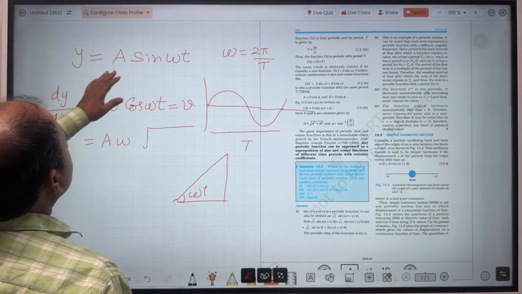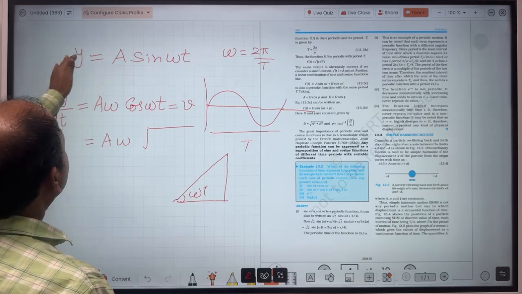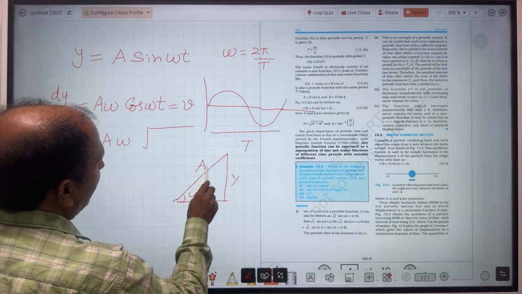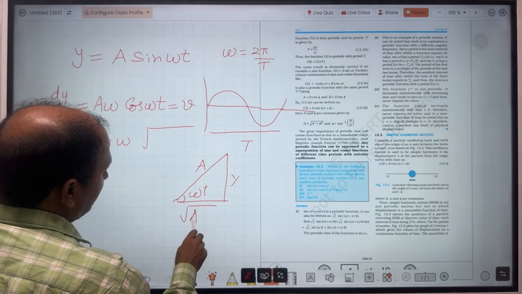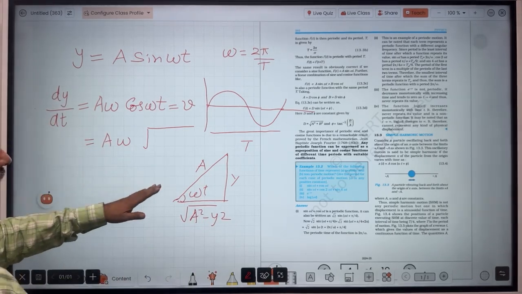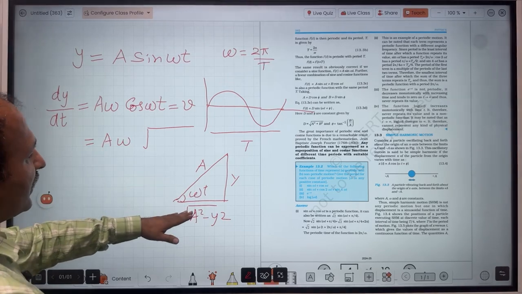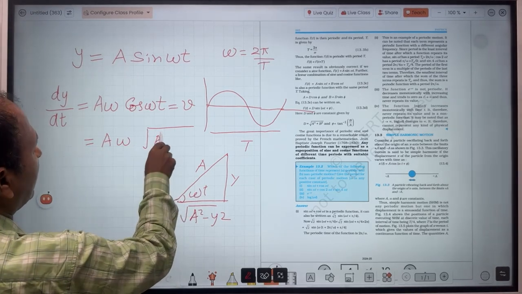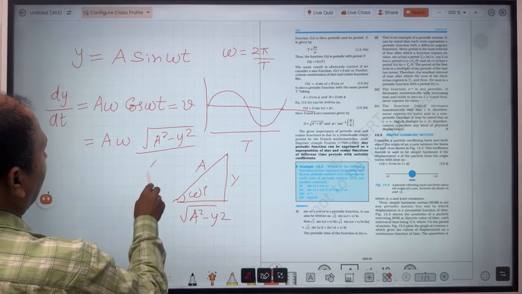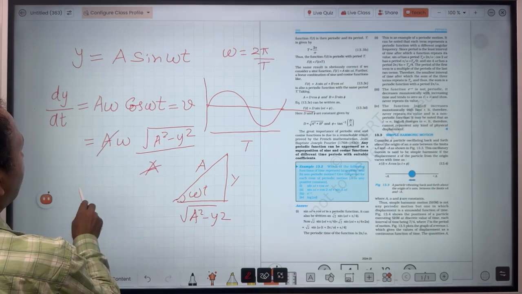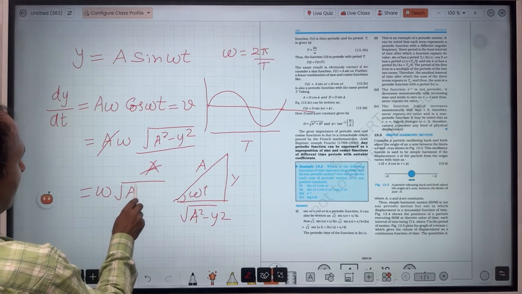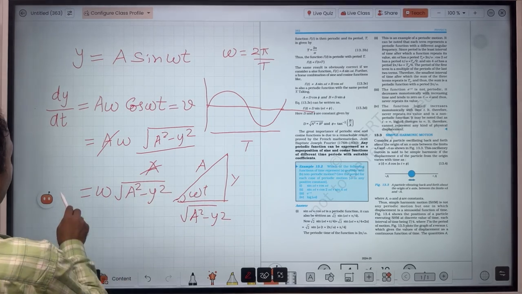This is omega t, here sine omega t is y upon a. y is perpendicular, a is hypotenuse, so the base will become root of a square minus y square. So cos omega t means root of a square minus y square divided by a. So a will cancel out, and we will be left with omega times root of a square minus y square.